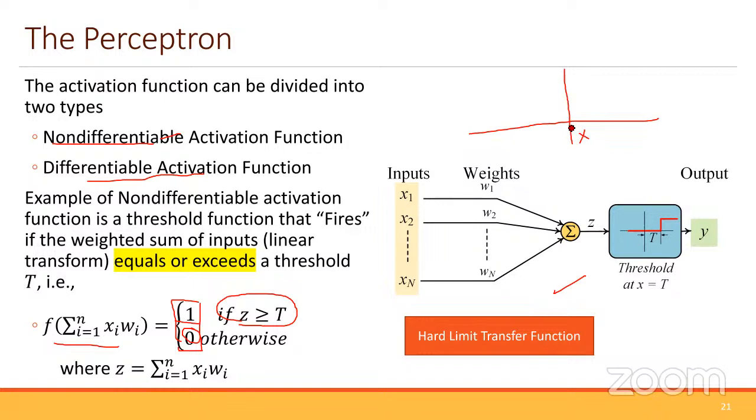If this x here is less than this threshold, your output is basically 0. If it's higher than this one here, it's basically 1. So it is 1 or 0. So the hard limit transfer function is always used in the case of classification problems.